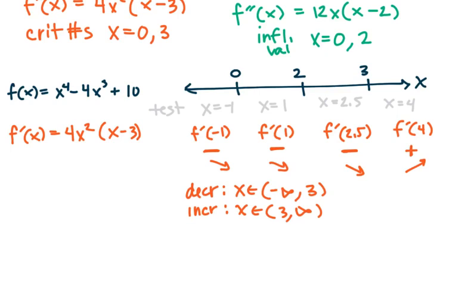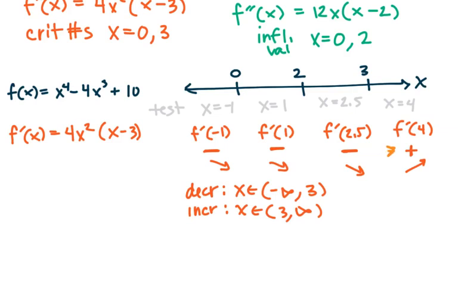And then we have one other thing to talk about, because when we change from increasing to decreasing, up to down, there's a max, or down to up, decreasing to increasing, there would be a min. And so because there's a change in sign, we're going from positive to negative, or negative to positive right here.